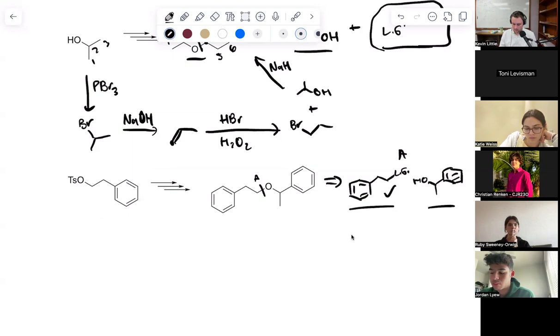So in order to make him, notice it's on the carbon right off the ring instead of the carbon 2 off the ring. So I need to move that tosylate. I need to move that oxygen to the other carbon. So what do I need to do?